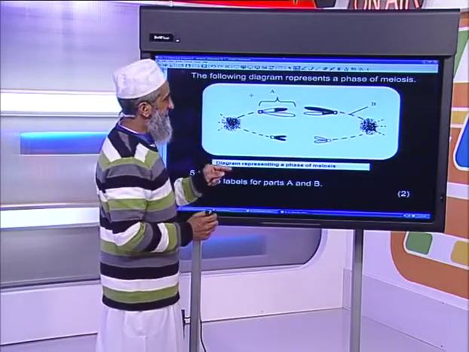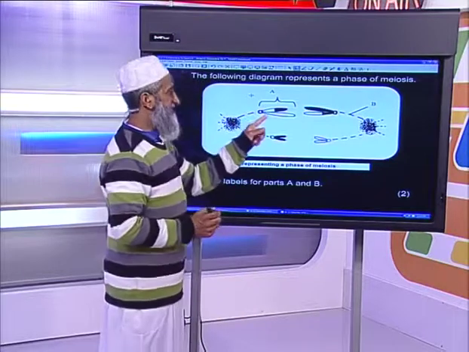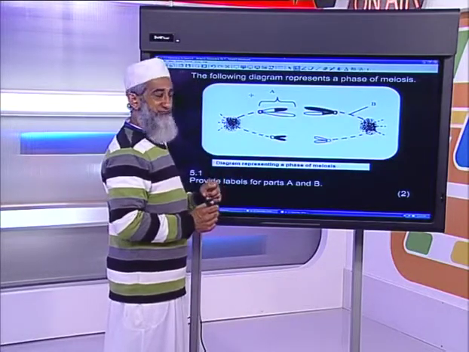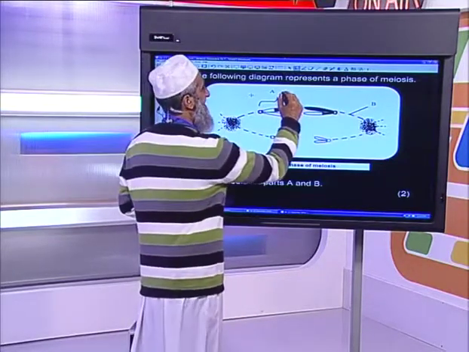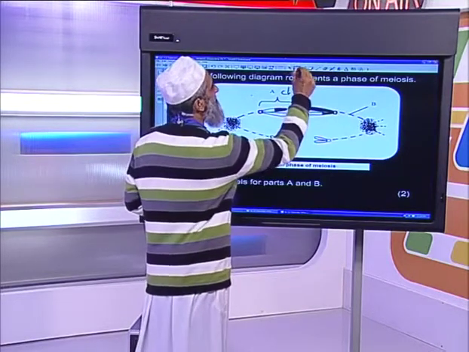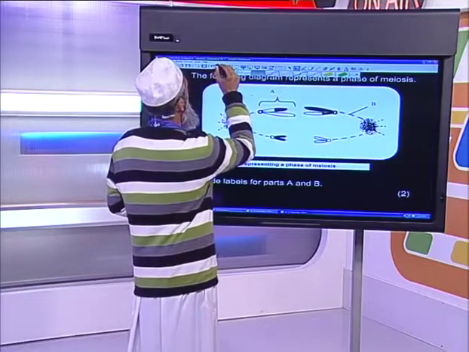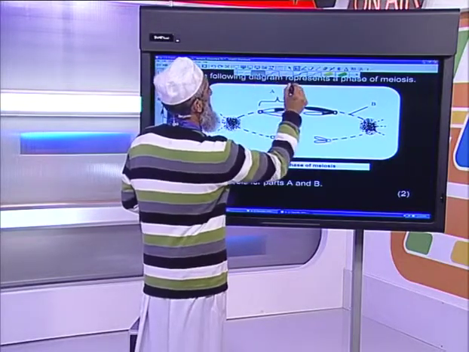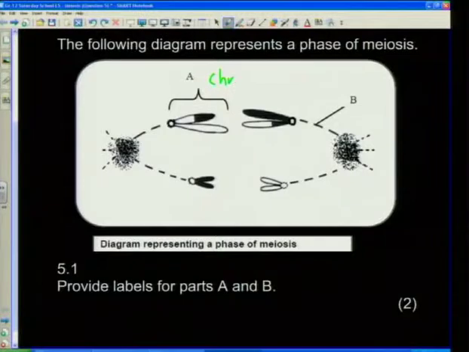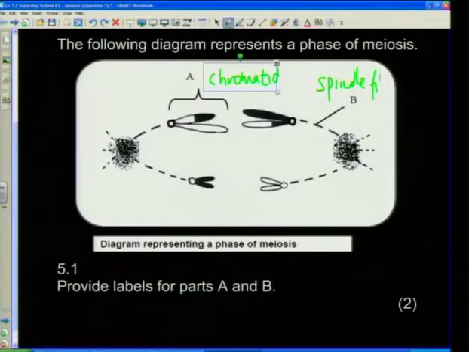And in this case, if my eyes are correct, this is a single-stranded structure, and therefore A would be a chromatid, or chromatid, as some people may say. Chromatid, okay? That's A. And B is obvious, that is the spindle fiber.